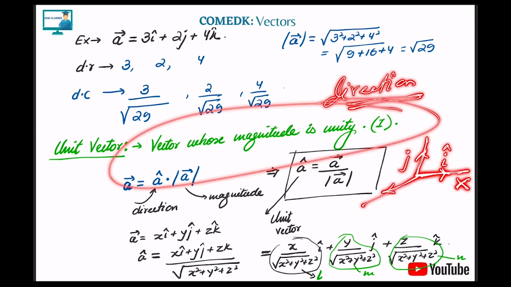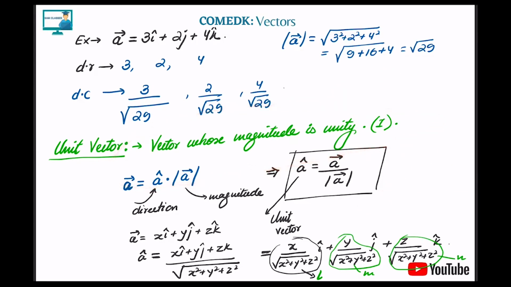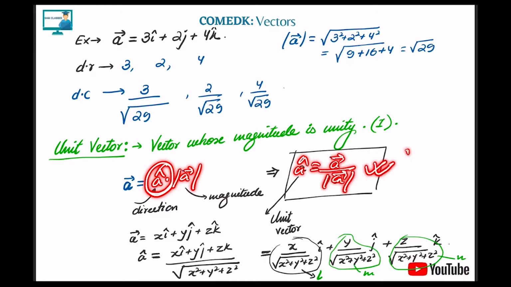And along the z-axis, k cap. So these are unit vectors along the x, y, and z axes. They have magnitude 1, but they are used for showing the direction. Clear? So any vector has two things: one, the unit vector, which is the direction, and two, its magnitude. So a unit vector can be written as the vector divided by its magnitude. Correct. Done. Very important, this one also.